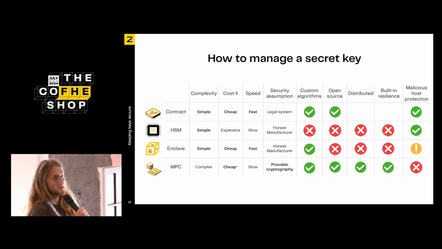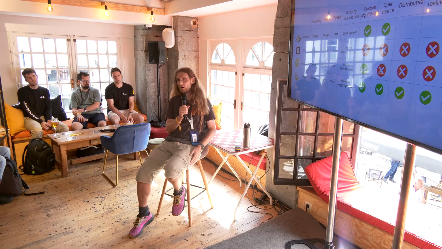The security assumption here is really strong because it can rely on mathematically provable security guarantees. Similarly, you can run whatever algorithms you want and keep it open source. And most importantly of all, this provides a decentralized way of doing things. This is exactly what MPC does: it distributes the computation over multiple parties.